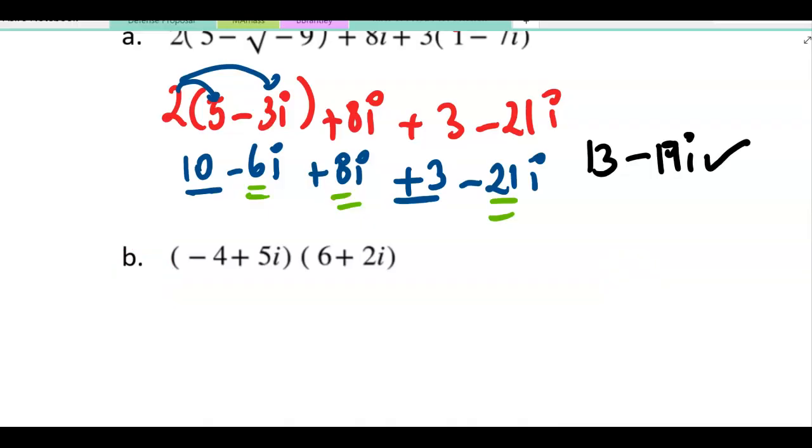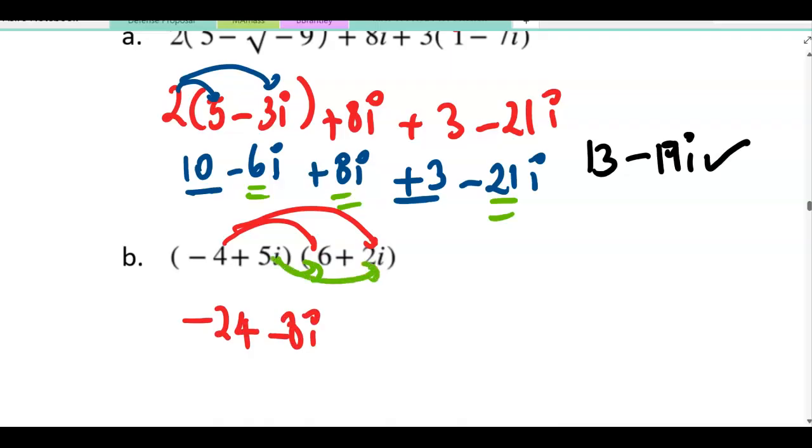So now we need to open up a binomial. This is one term, so that will be negative 24 minus 8i, and this is the green term, if you will, plus 30i plus 10i squared.